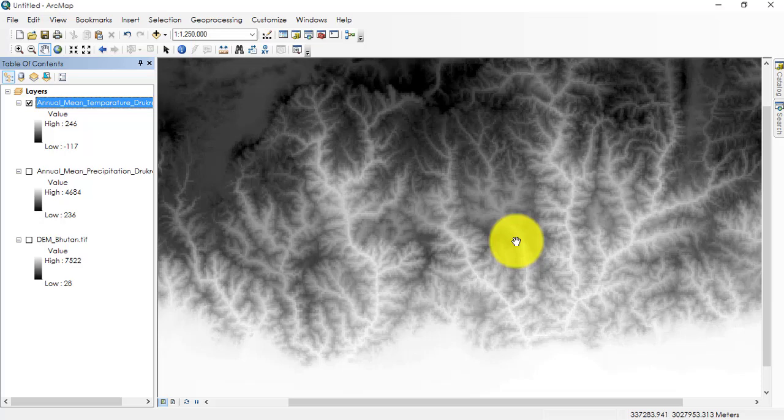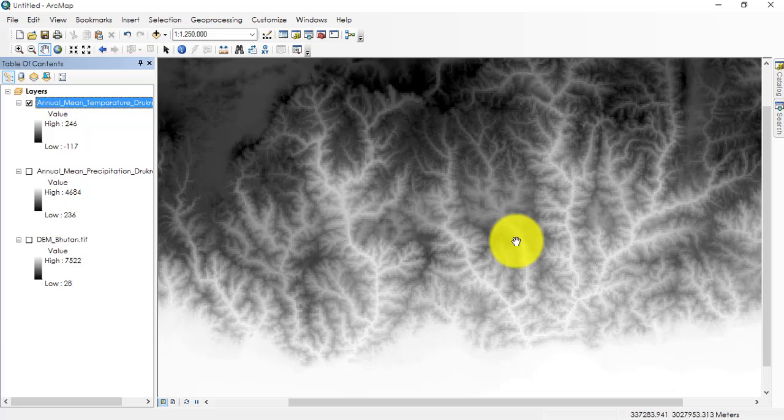All the values between 24.6 and negative 11.7 are represented by different colors. We'll look at how to categorize these stretched values from lowest to highest in the next session. For now, just know that these values are stretched from lowest to highest, and we can also categorize based on the range that we need.